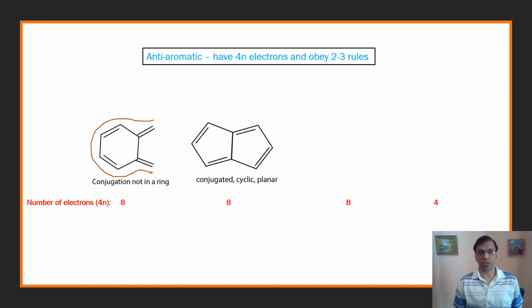N is equal to 2 in this case, and hence it's anti-aromatic. In this particular example, this molecule is not planar, and hence it is anti-aromatic. It also has 8 electrons.